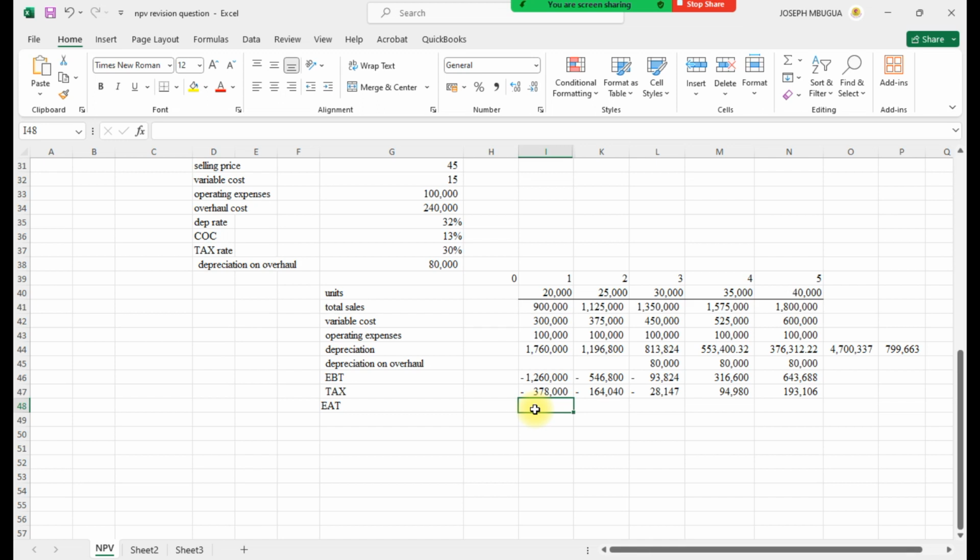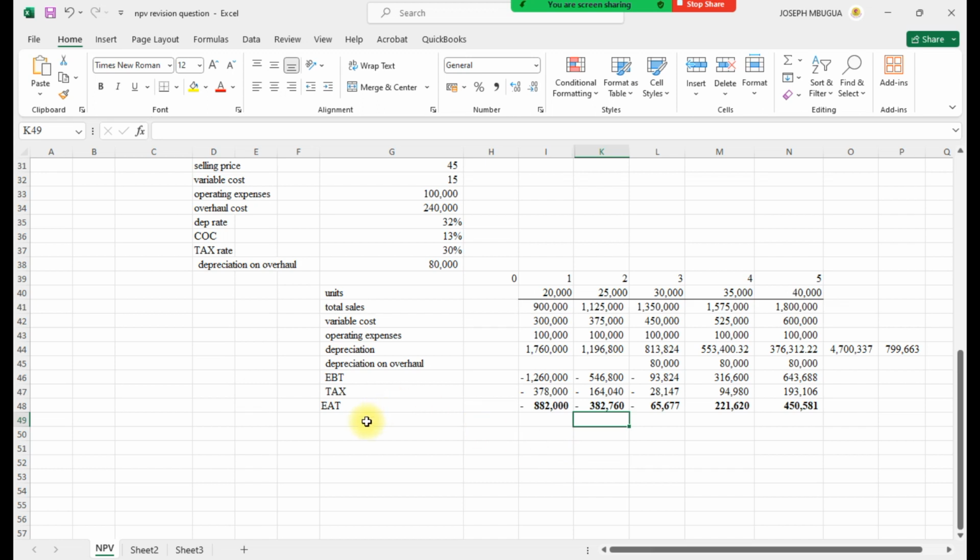So for earnings after tax, we minus the tax. Remember, the one that is negative will be added, but the ones that are positive will be deducted, because here we have not put the negative on the taxes. So we have those values as our earnings after tax.